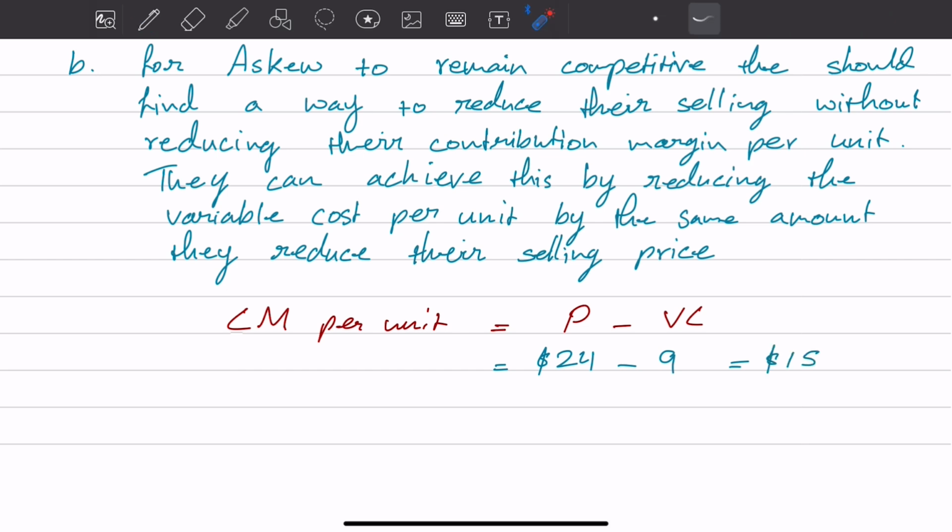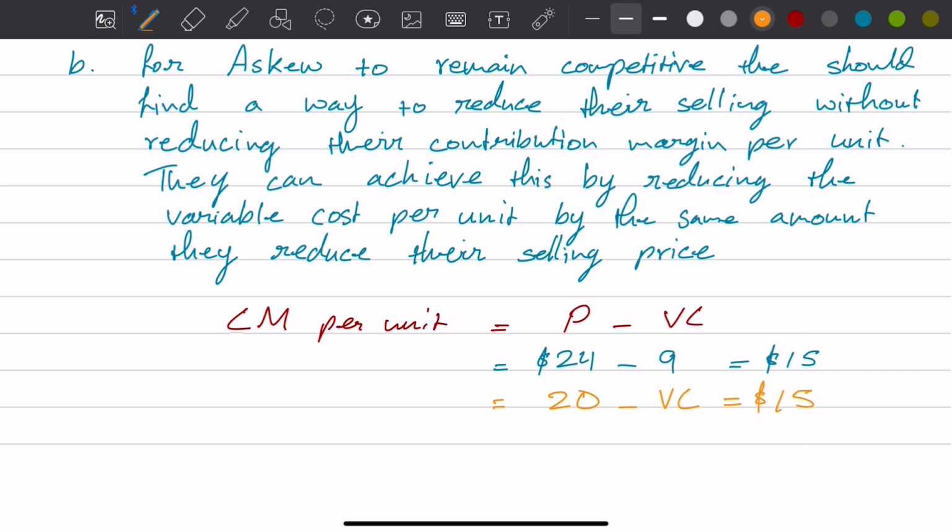Okay, so if they keep this constant, their profitability will not be affected, right? So what they can do is, because they need to reduce this by $4, so it will become $20 minus variable cost. We don't know how much it's going to be yet. Should yield the same contribution margin, which is 15.